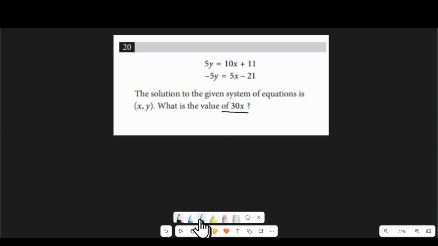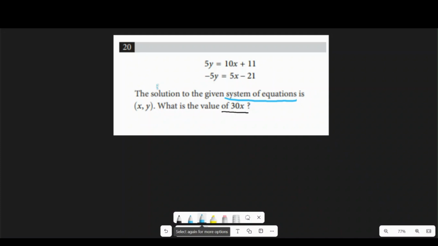Okay, so we basically need to identify the underlying concept, and the underlying concept is system of equations, right? Whenever we have system of equations problems, there are a couple of different methods that we will need to try out to solve for some point or solution that connects both equations.